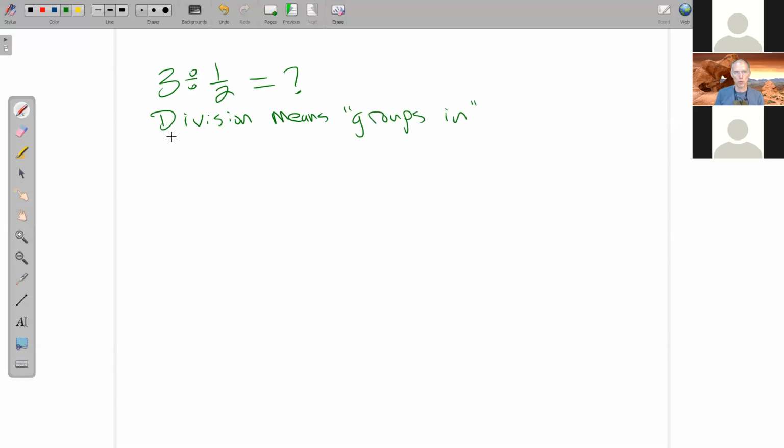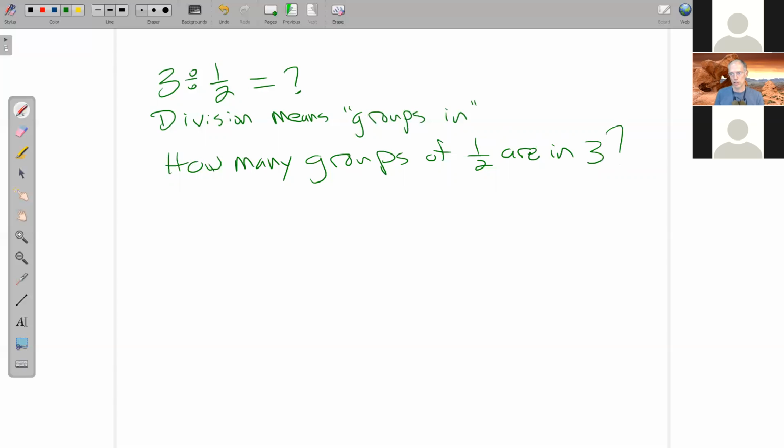And then I have to interpret what that means. So this means how many groups of 1/2 are in 3? In other words, 1/2 goes into 3 how many times?